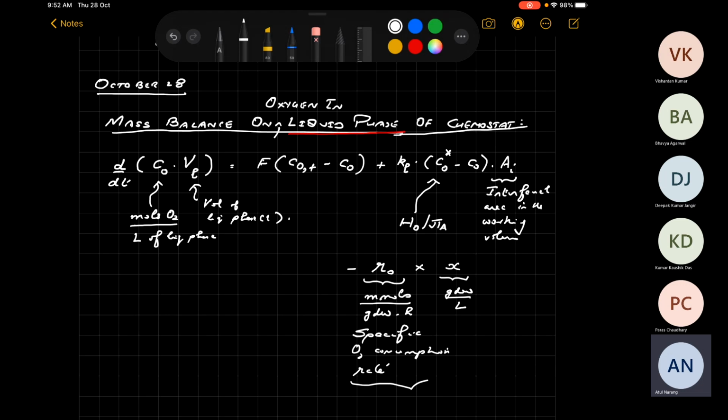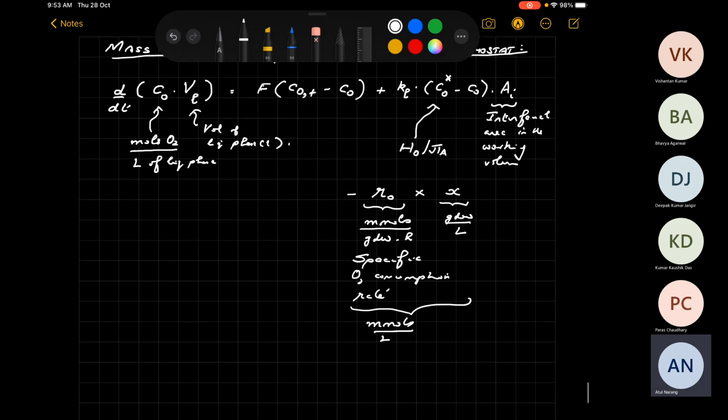This product is known as the volumetric oxygen consumption rate. This was the quantity we considered when we did the first example.